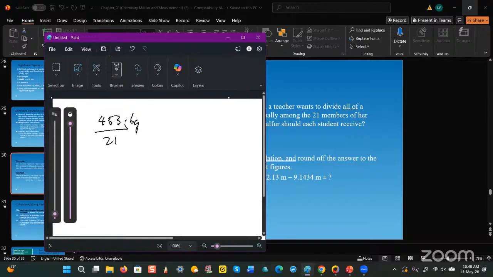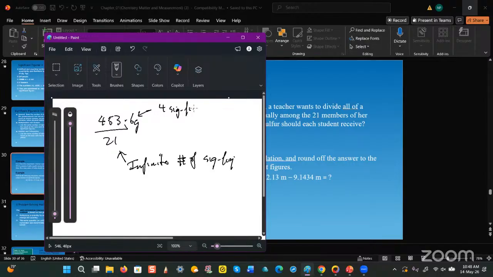The 21 is an exact number, right? So here we have a situation where this has an infinite number of significant figures. And what's the number of significant figures here? 4 significant figures. All right?